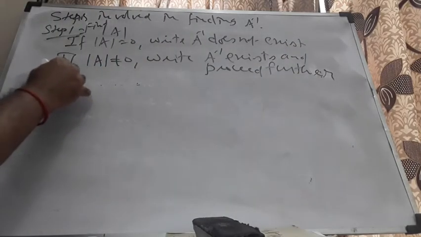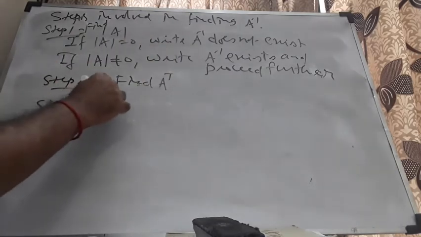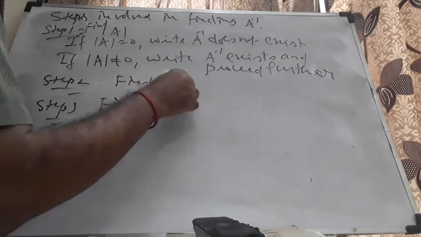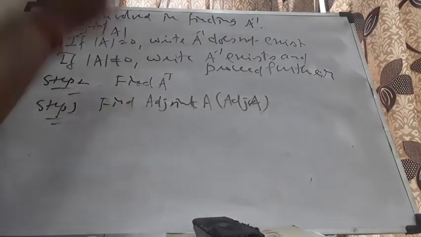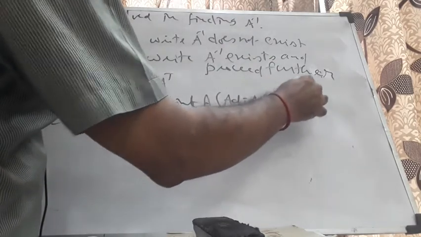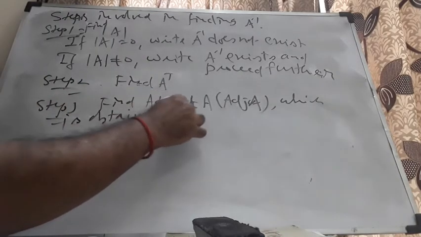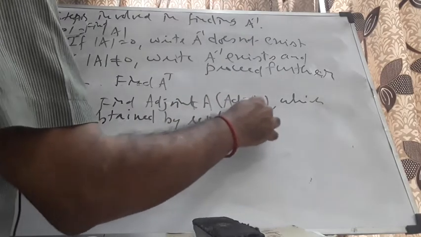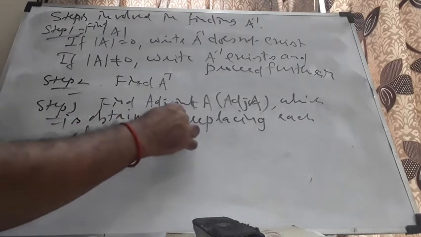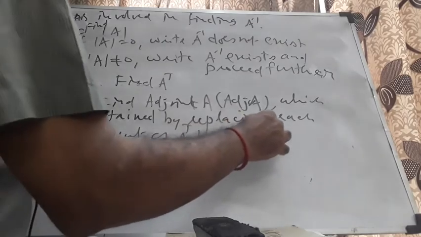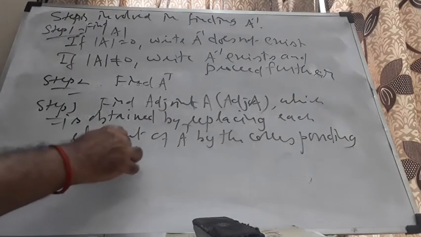Okay, now step 2, find A transpose. Step 3, find what I call the adjoint of A, short form ADJ A, capital A, which is obtained by replacing each element of A transpose by the corresponding cofactor.